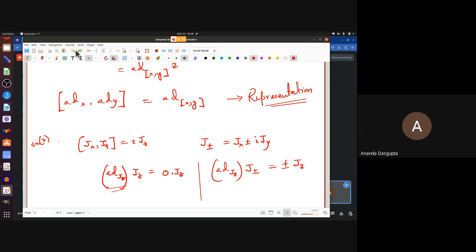Now, when I write it this way, does this strike you as something? Jz is a bit trivial, but J plus and J minus, what are they in relation to ad Jz? Ad Jz is a linear transformation on this space spanned by Jx, Jy, Jz. J plus minus are elements of that, although complex combinations, but still elements of that.